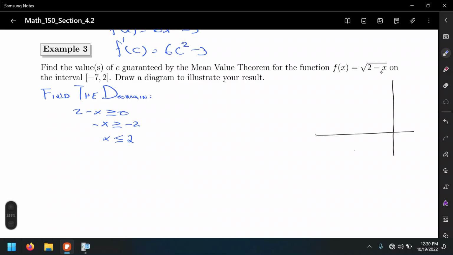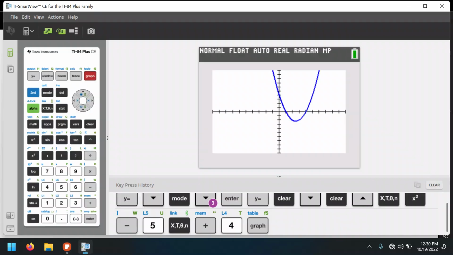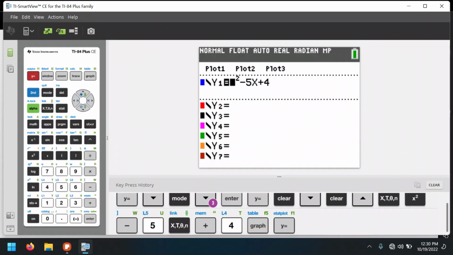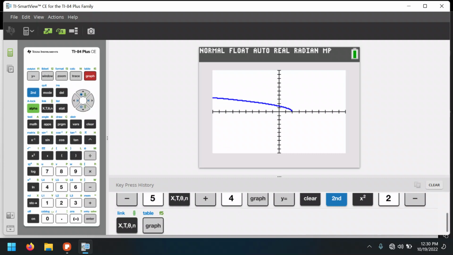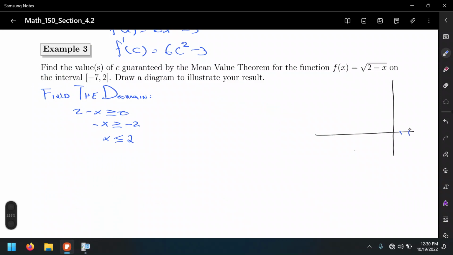So the graph of this function, okay, let me draw it. That's the square root of 2 minus x. It's a radical function shifted 2 units to the right and then reflected, right? So like this. So letter A, continuous.